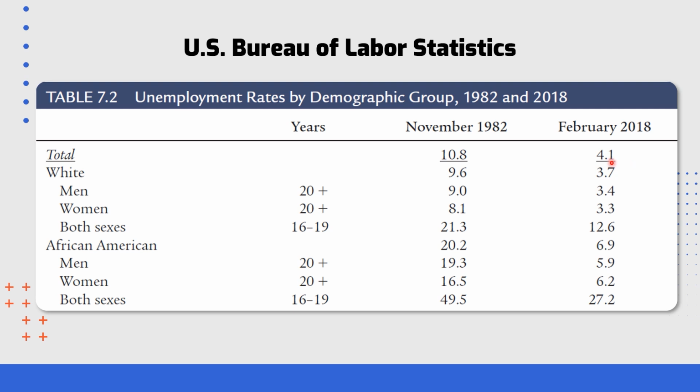But interestingly, there was a significantly higher rate of unemployment among African Americans in 1985. In other words, Black Americans experienced a significantly higher unemployment rate in 1985. But over time, this value has decreased dramatically, by more than 3 times.